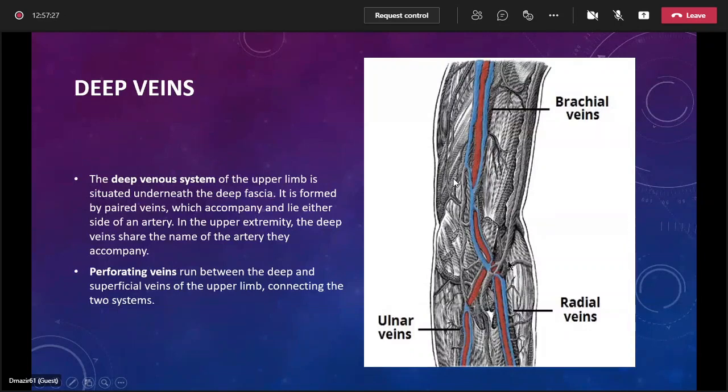Here at this level, in the front of the cubital fossa, they, traveling along the sides, communicate with each other here at this level through a smaller channel which is known as the medial cubital vein. So that connects the cephalic and the basilic system of veins, and this is known as the medial cubital vein here at this level. वो सुपरफिशियल वेन्स में उसकी डायग्राम थी लास्ट प्रेजेंटेशन में.